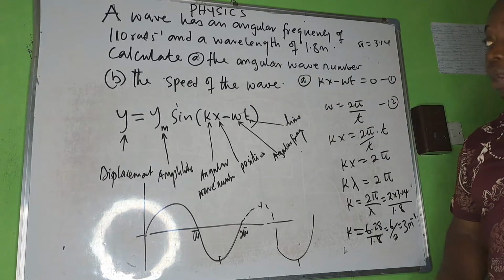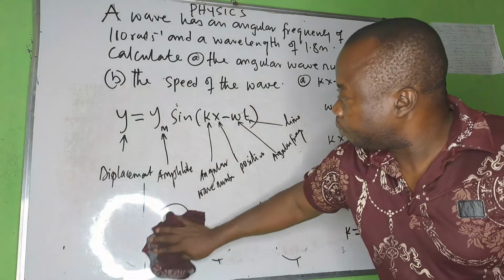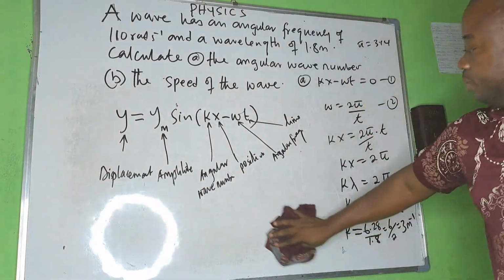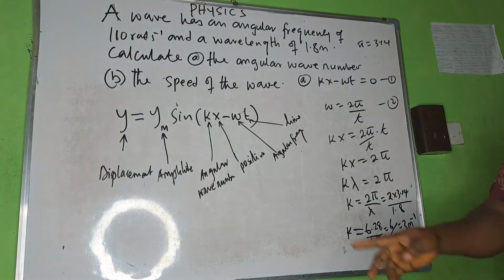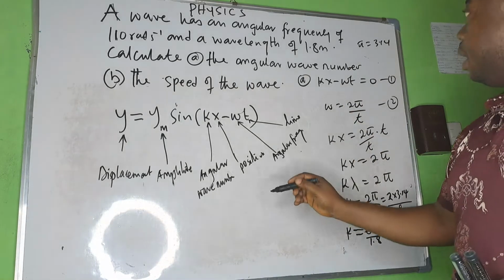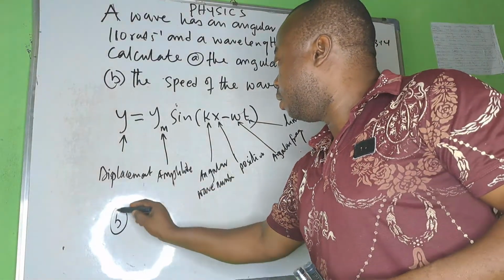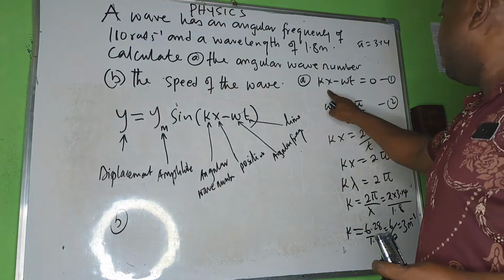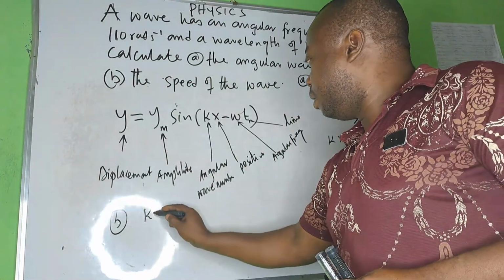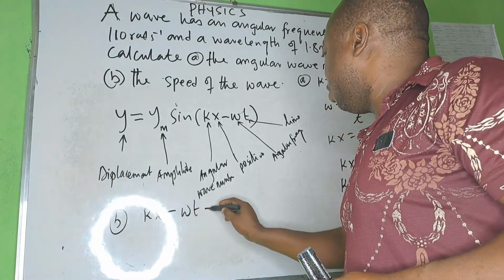Now, what about the speed of the wave? I will have to wipe here while I leave our equation. To solve B, we assume that the phase kx minus omega t is a constant.